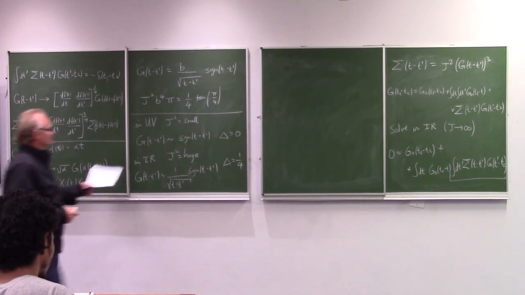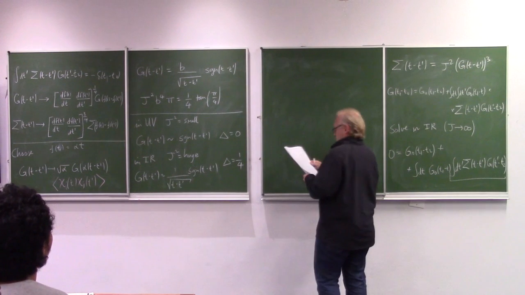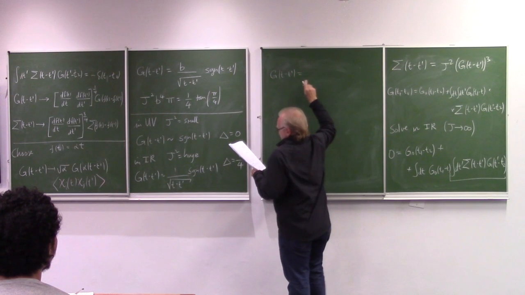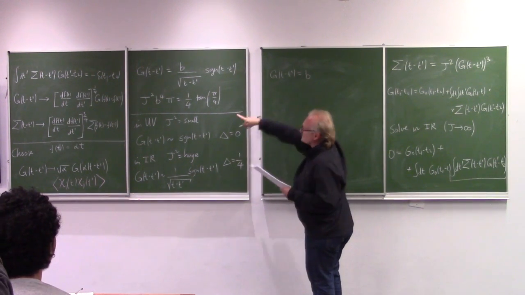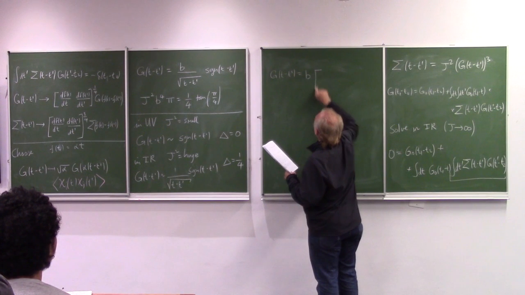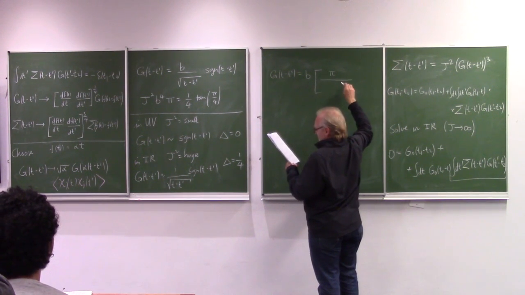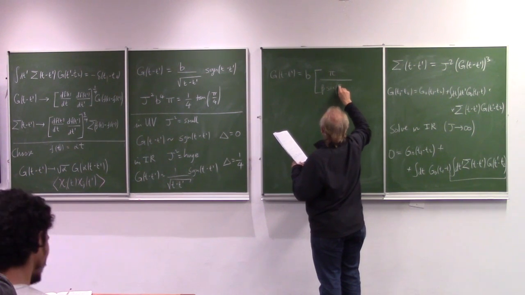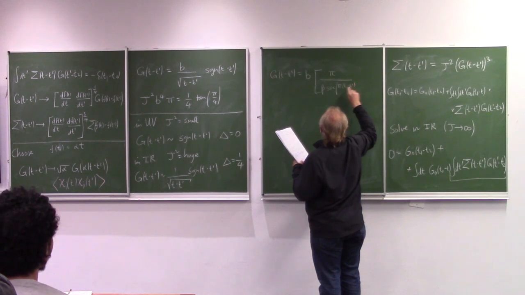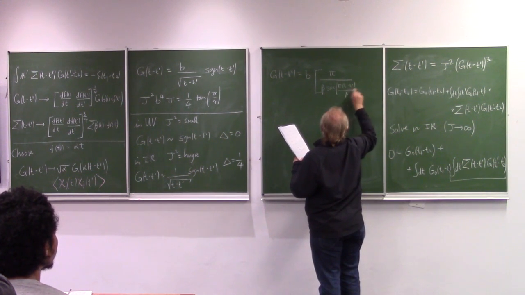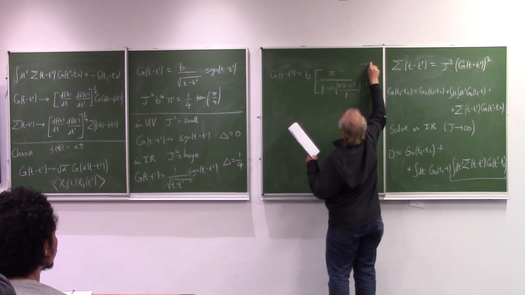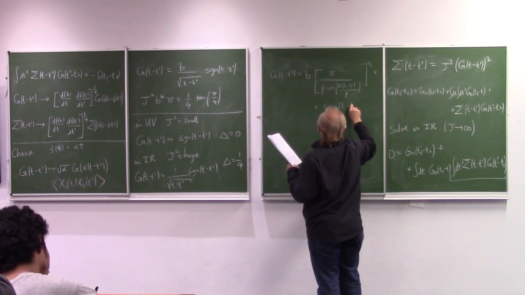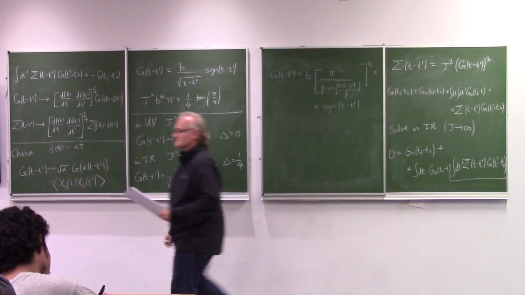In that case, a very similar argument leads you to G of t minus t prime equal to b, the same b with the same value, times pi over beta sine of pi (t minus t prime) over beta, to the 1/2, times the sine of t minus t prime.